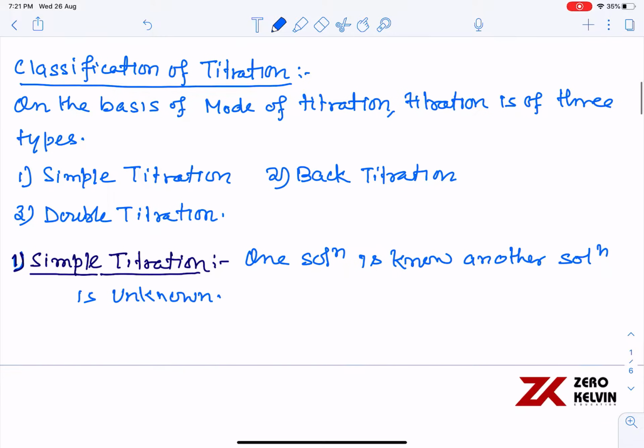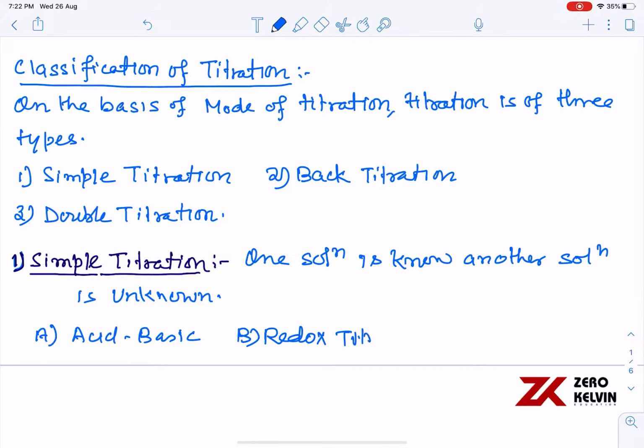Say, for example, if we further divide this simple titration, we can discuss acid base titration. This is a sub part of simple titration, or we can say redox titration, or we can say precipitation titration.